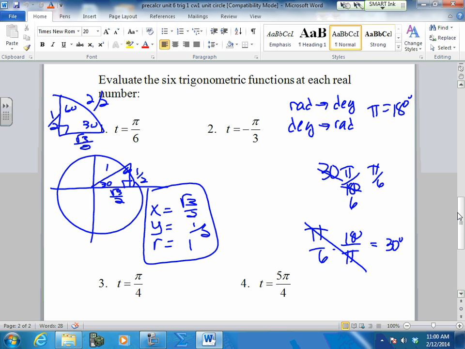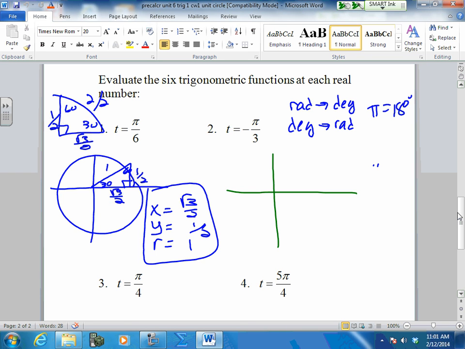Now, if I took this, watch what happens, and I move this into quadrant 2. I'm going to reflect this triangle over the y-axis. Doesn't the triangle stay exactly the same? Shouldn't this be 1/2? Shouldn't this be radical 3 over 2? Shouldn't this be 1 if I reflected it from here?